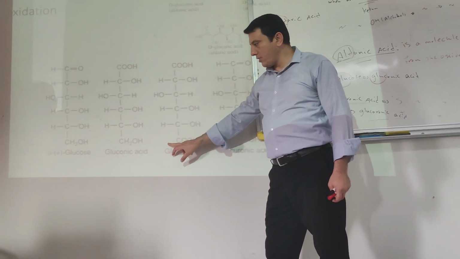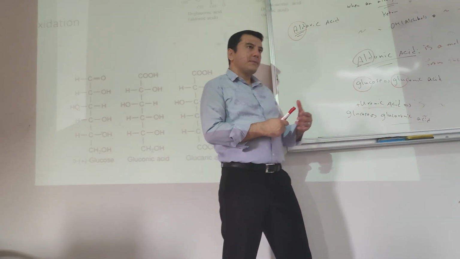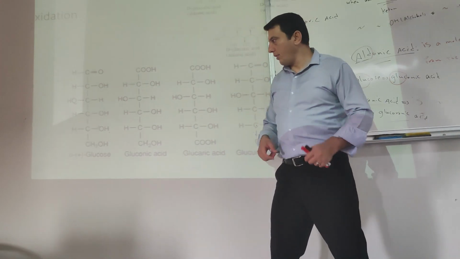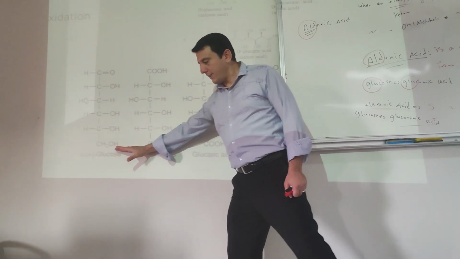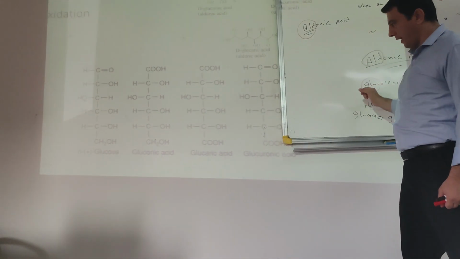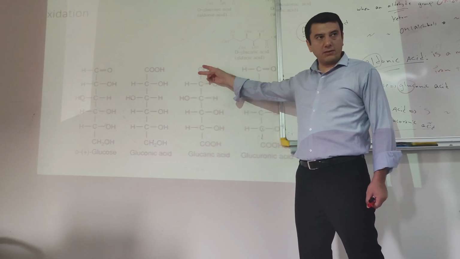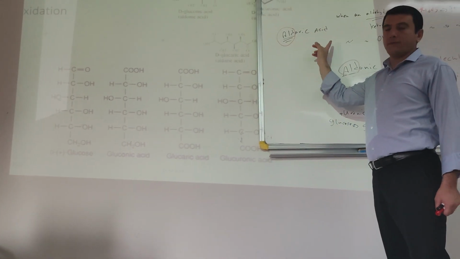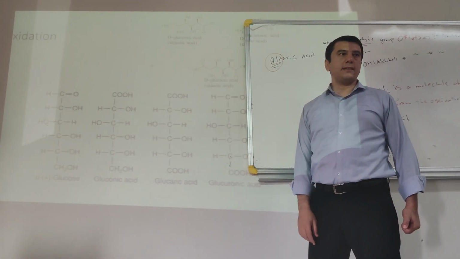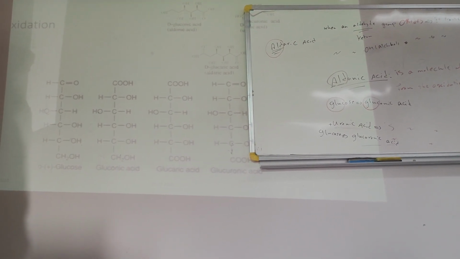The next one is oxidation of carbon number 6. We name such molecules uronic acid. So if the only carbon oxidized is carbon number 6, we have uronic acid, for example, glucuronic acid. And finally, if both functional groups are oxidized, we have aldaric acid. For example, for glucose, it is glucaric acid. So, three different types of oxidation.